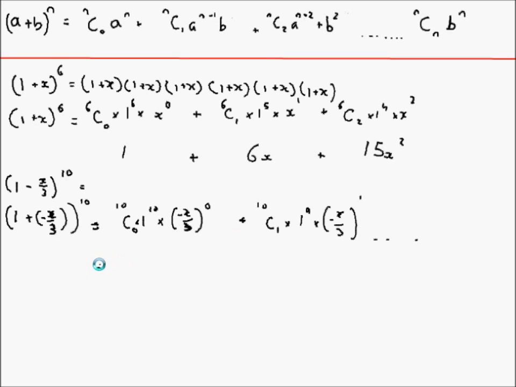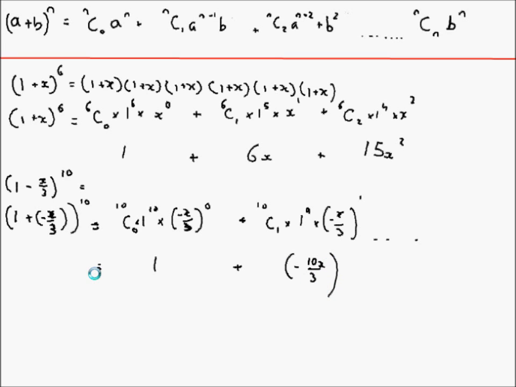This equals 1 plus 10c1, which is 10, 1 to the power of 9 is 1, times minus x over 3, and this becomes minus 10x over 3.